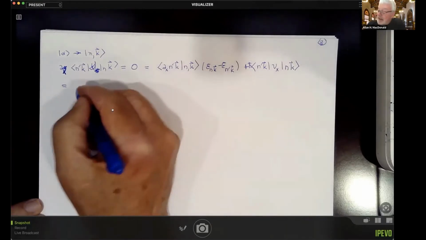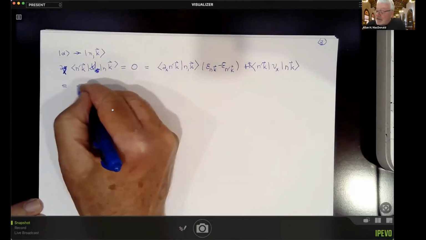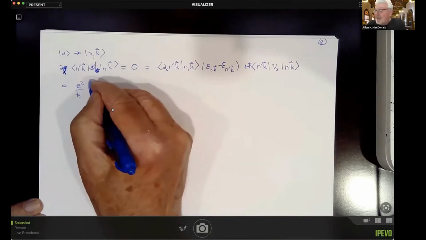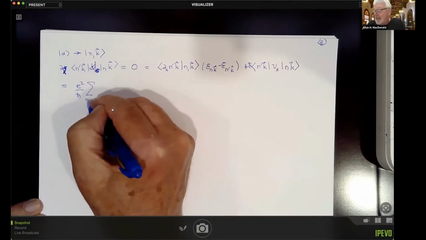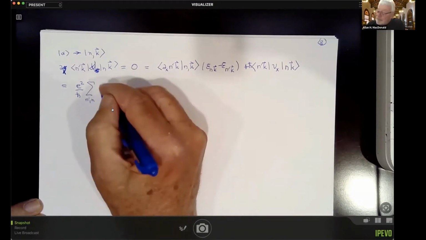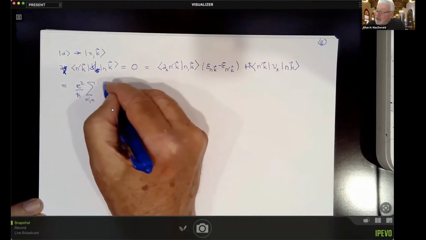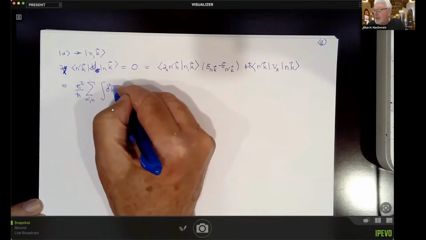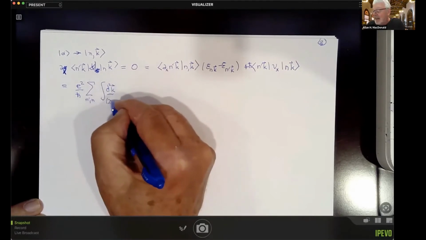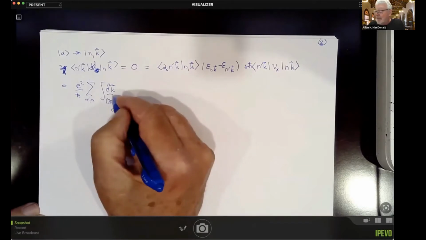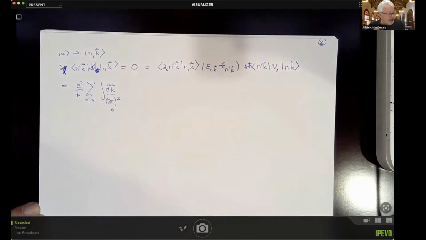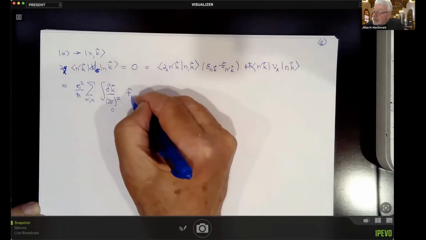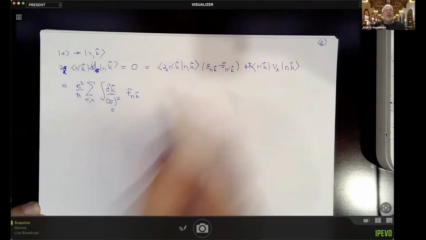And what you get, pulling everything together, is e squared over h bar. Sum over all states turns into a sum over bands and an integral over the Brillouin zone. These operators are diagonal in momentum, and you get terms with Fermi factors.